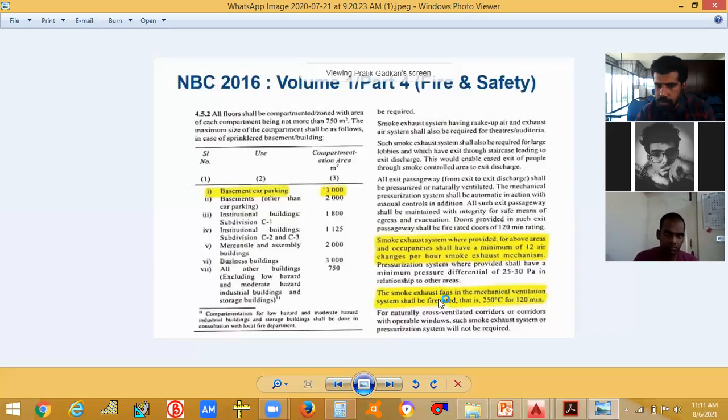When you're choosing an exhaust fan, it should be fire rated, which means that it should be able to withstand 250 degrees Celsius for 120 minutes.